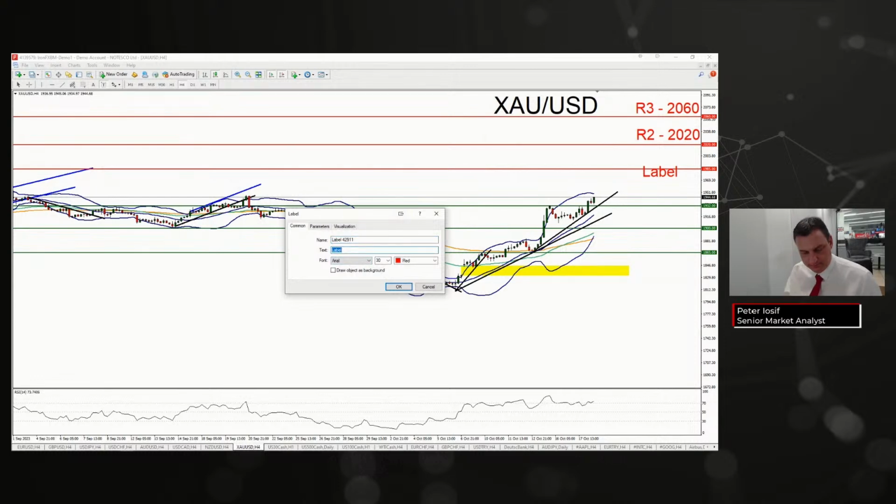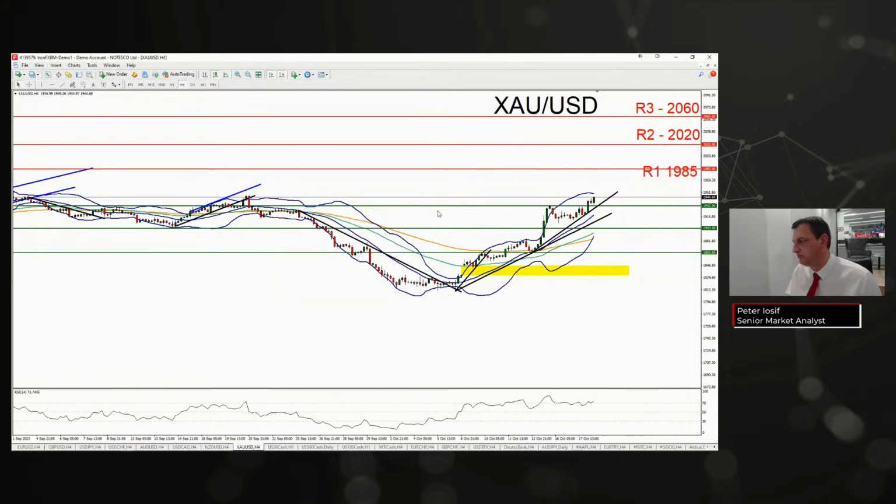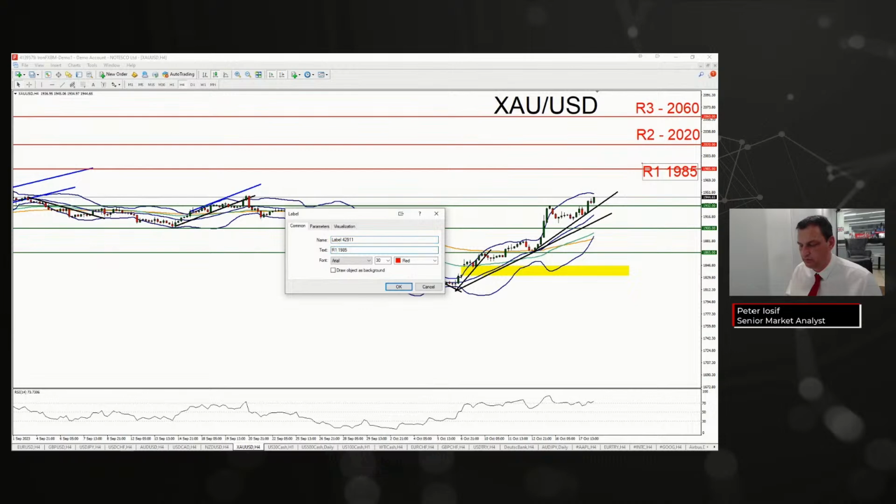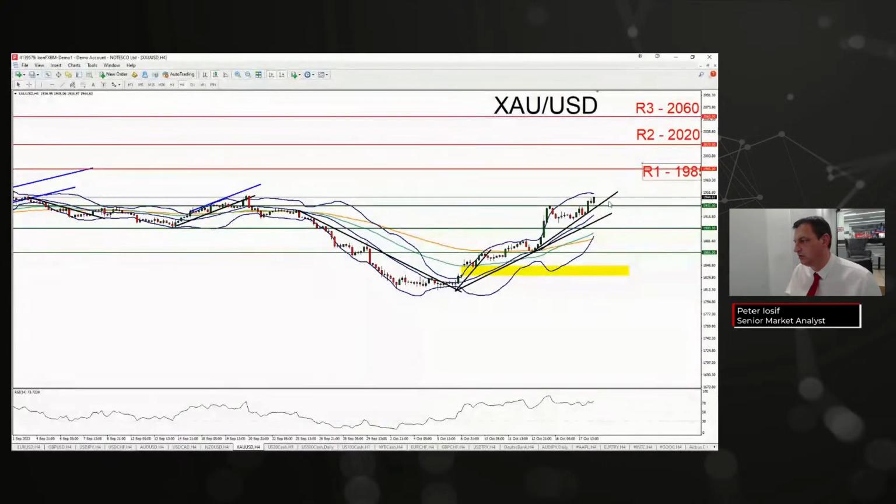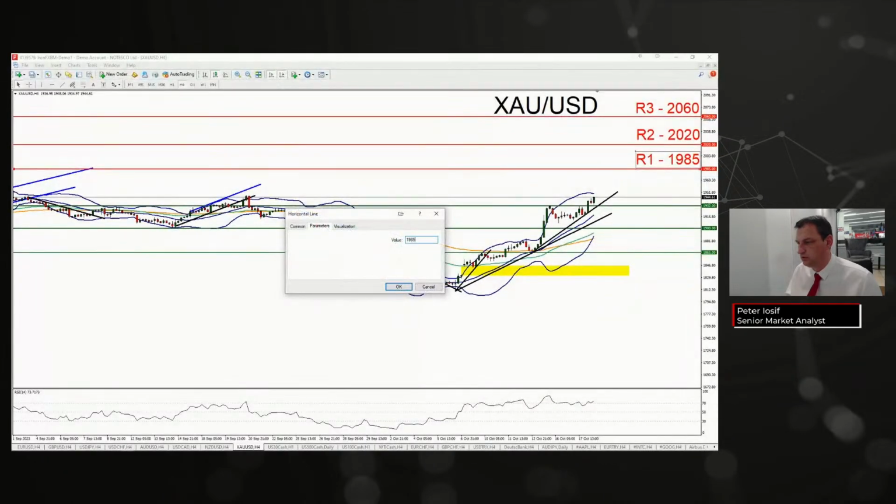The R1, 1985. Yet, before we move on, let's verify that level.